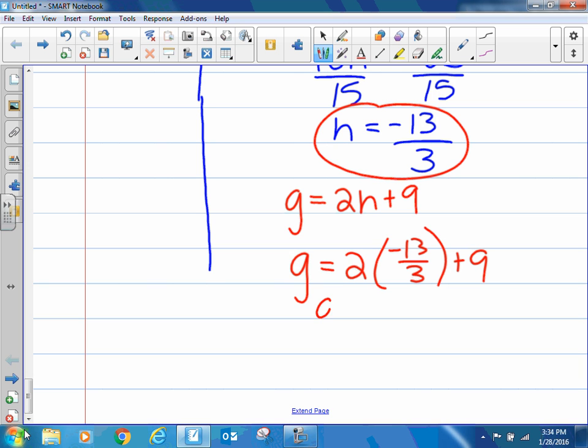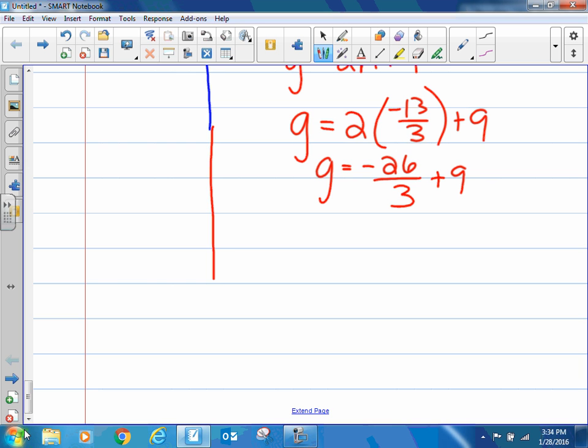So g is equal to negative 26 divided by 3 plus 9. And if I simplify that, I'm going to get negative 1/3. g is equal to negative 1/3.